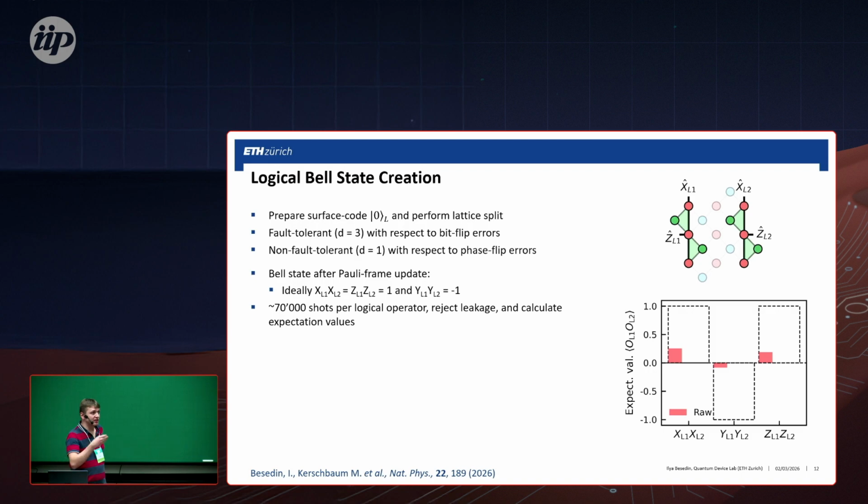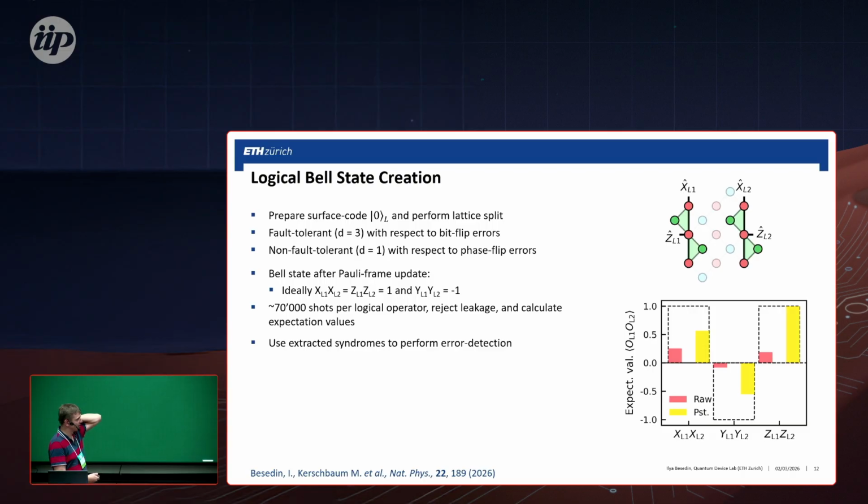If I just look at the final data qubit outcomes with this Pauli frame update, I get something like this. So my expectation values have the right sign, but the magnitude is not exactly where we want it to be. If I post-select, rejecting all the runs where the stabilizer measurements have shown that something has flipped during the cycles, and leave only the runs where no detected errors have occurred whatsoever, then I get the yellow bars.